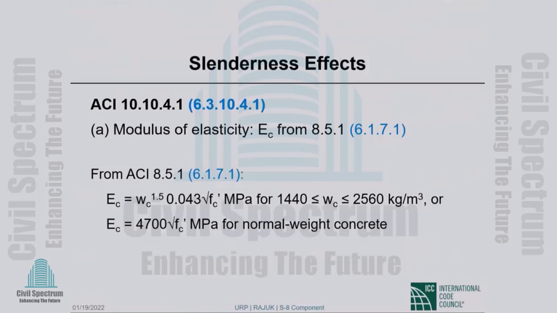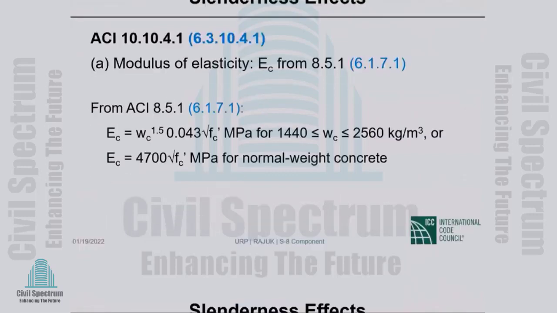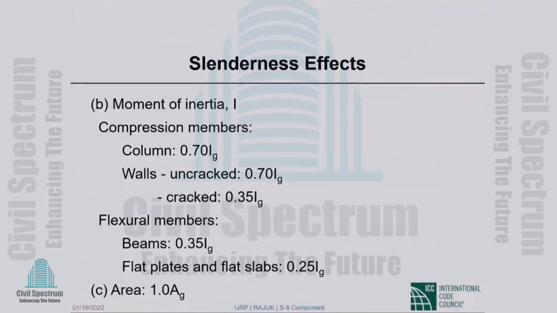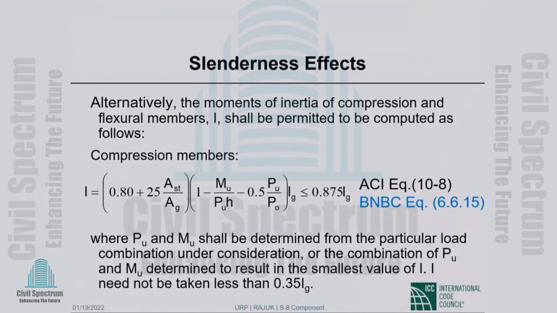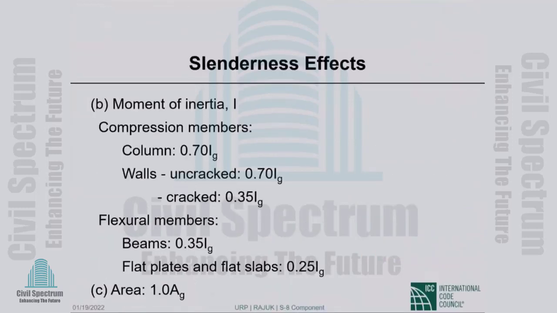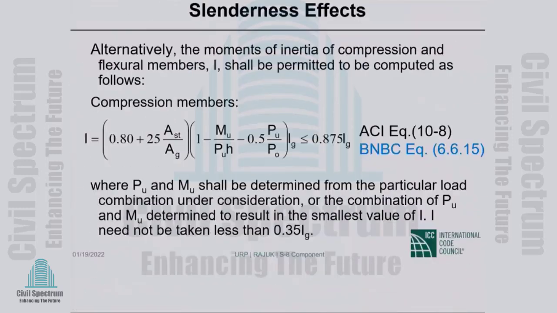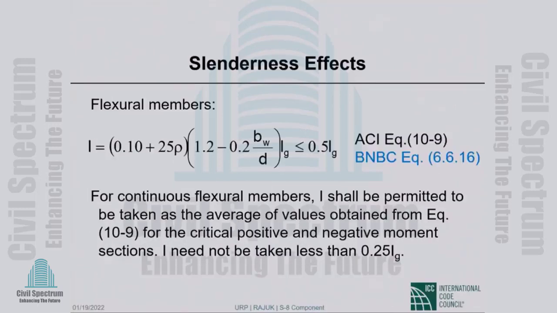Okay, so most of the time for this elastic second order analysis, which is what we are describing, we will take E sub c from ACI 318 or BNBC 2020. I values are as given here. So, elastic second order analysis. Now, there are alternatives to these values given in the code. These are on the next 2 pages.